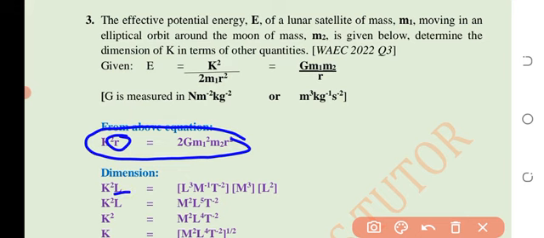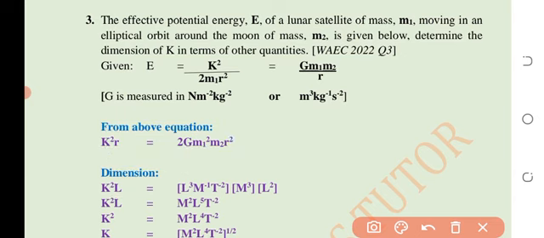Like I said in the previous example, a number does not have a dimension, so we are not going to consider these two in our dimensions. From there, we have our m square, that is m1 multiplied by m1 here.